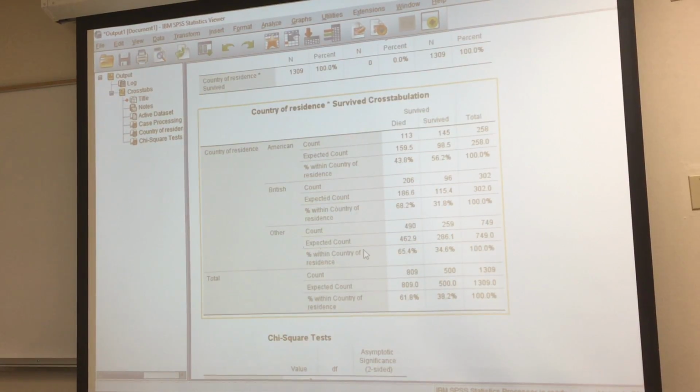And based on this table, you can see who will have a higher chance to die and who will have less chance to die, or who will have a higher chance to survive and who will have less chance to survive.